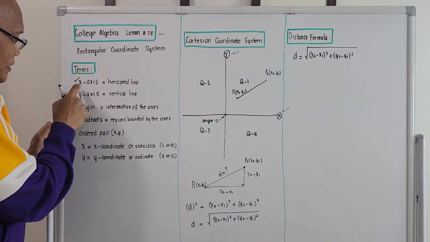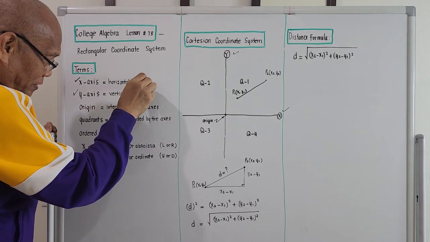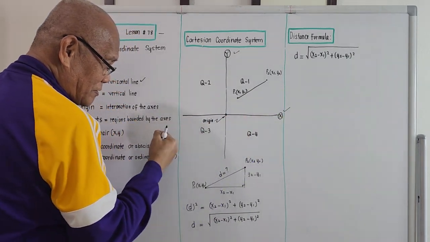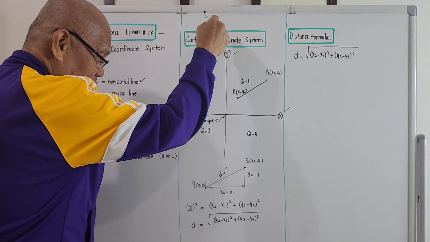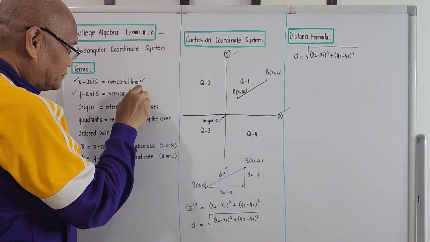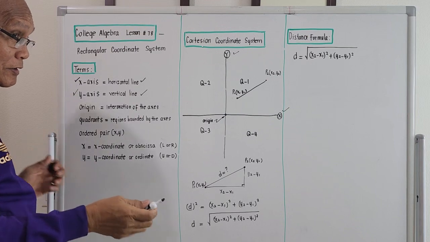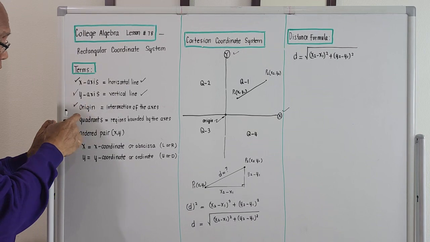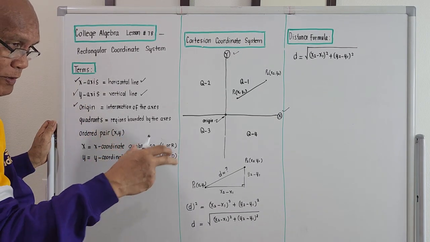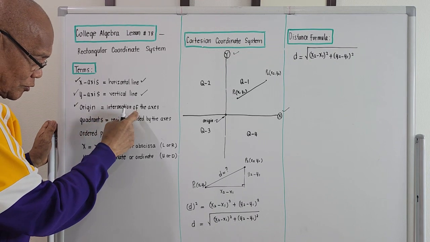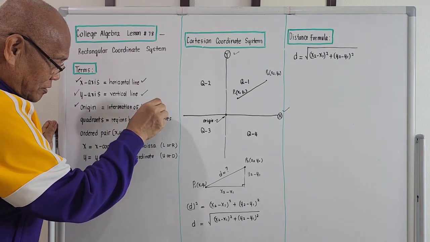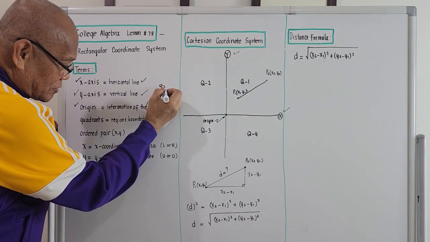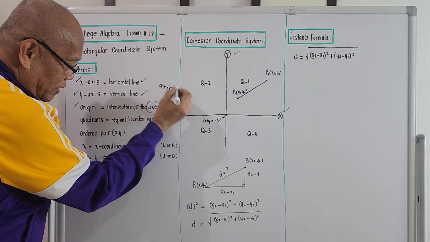The other term for the x-axis is the so-called horizontal line. For the y-axis, the other term is actually vertical line. Okay, there's nothing hard about it, right? What is the term origin? Origin, if we try to bring out the definition, is the intersection of the axes. Axes here is plural, because axis with an i is just singular, right?